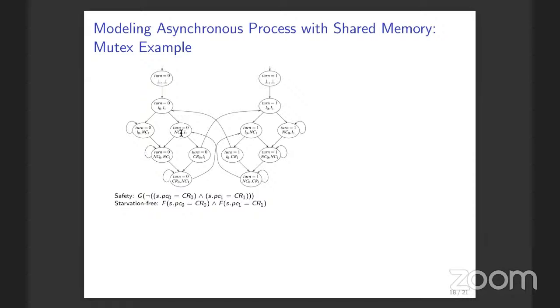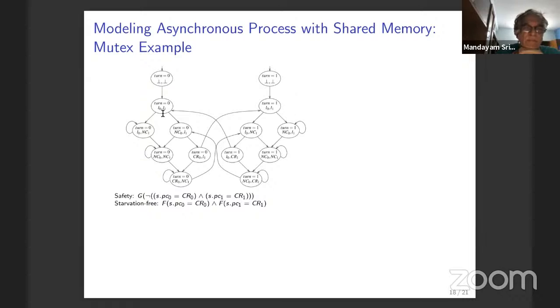Like we have given disjunctions, so in a step only one of the clauses can be executed. Okay, that's right. Here at least, maybe L1 can go to NC1 or L0 can go to NC0.